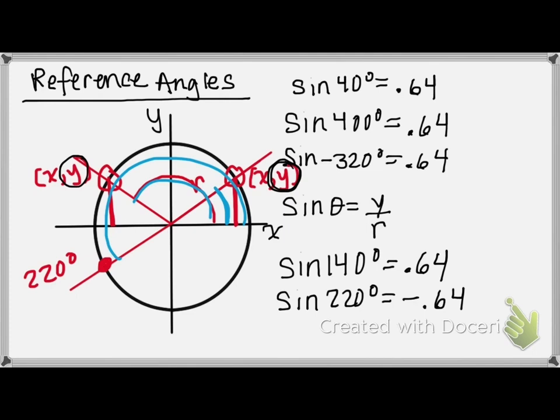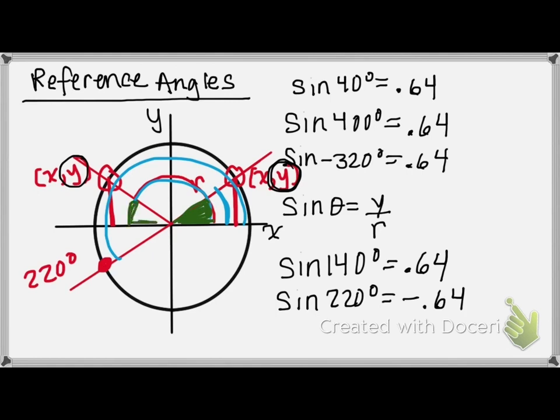That reference angle is going to be found in between the terminal side of the angle and the x-axis. So let me mark these off here. So here, this is the reference angle for the 40-degree angle.